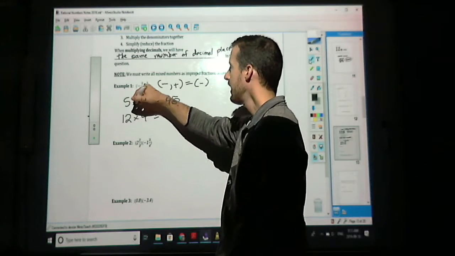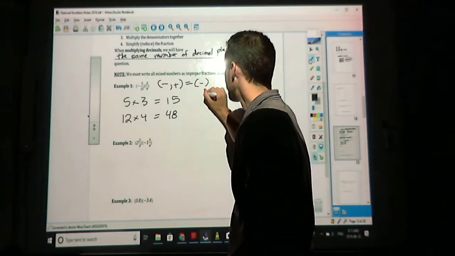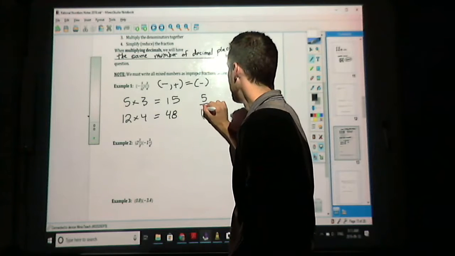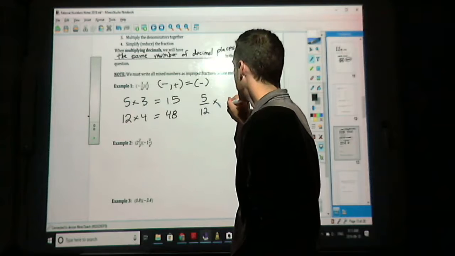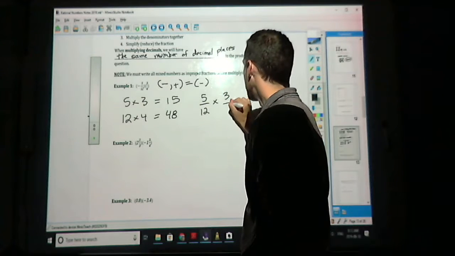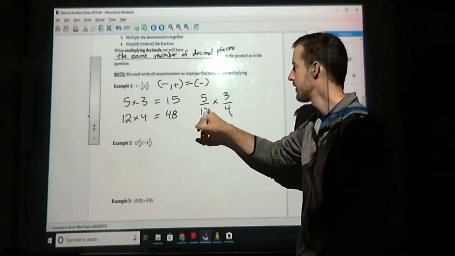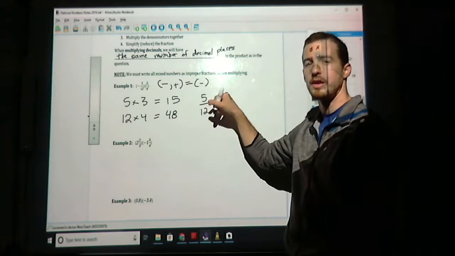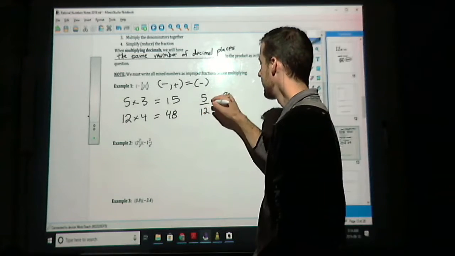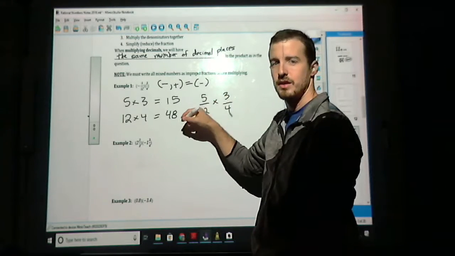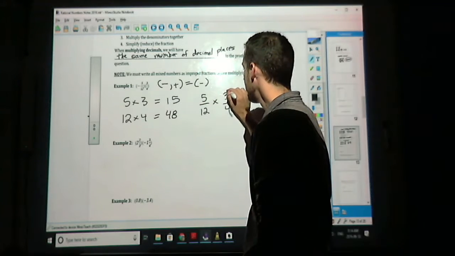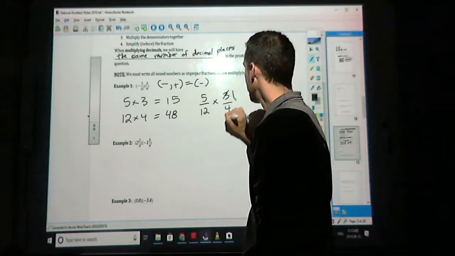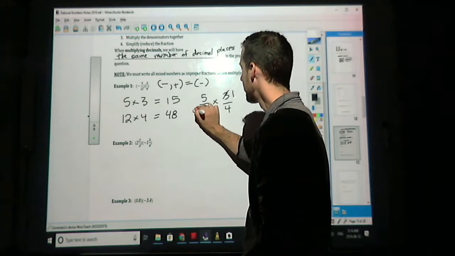So here we had 5 over 12 times 3 over 4. If you have numbers that are multiples, like common factors, you can divide them by the same number diagonally and cancel them out. So here, 3 divided by 3 is 1, and 12 divided by 3 is 4.